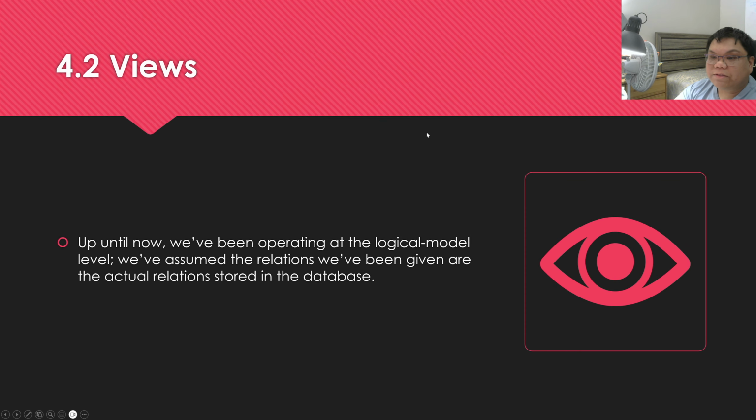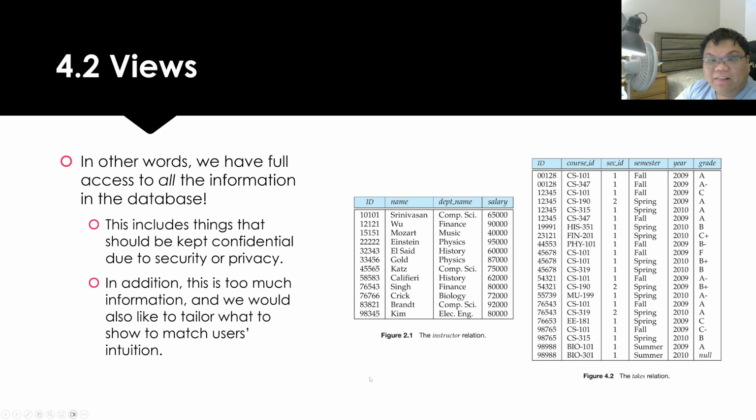Let's talk about views now. Up until now, we have been operating on the logical model level. We've assumed that the relations we've been given are the actual relations stored in the database. In other words, we have full access to all the information in the database. This includes information that should be kept confidential due to security or privacy.